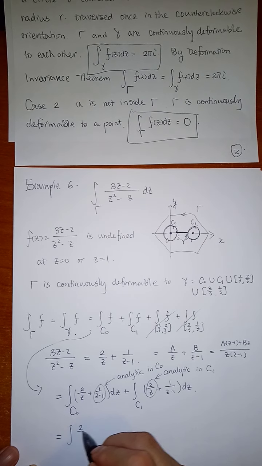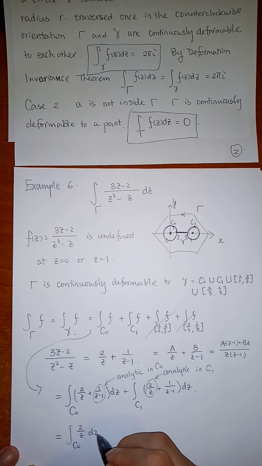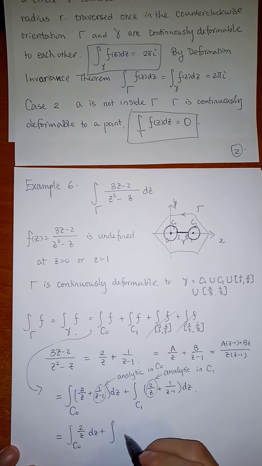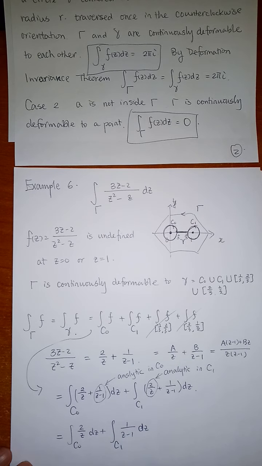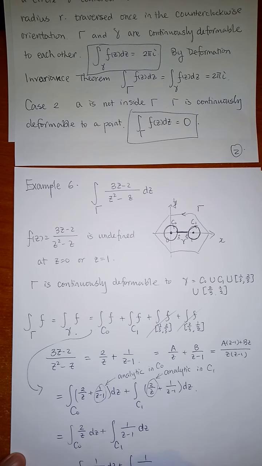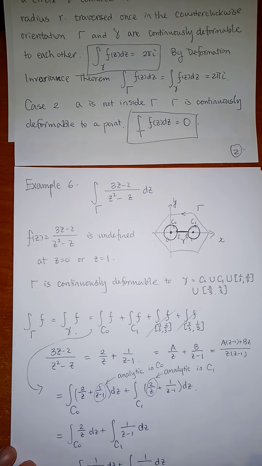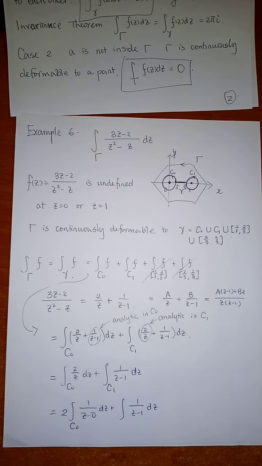So those two terms disappear after integration. You only have the integral over c0 of 2 over z dz plus the integral over c1 of 1 over z minus 1 dz. The number 2 can be moved forward, and you get 1 over z, which you can write as 1 over z minus 0 dz.